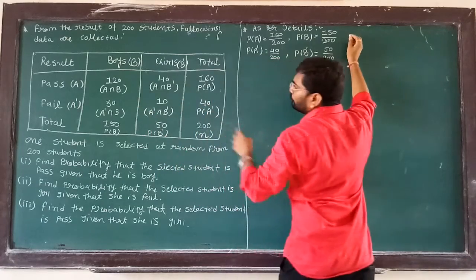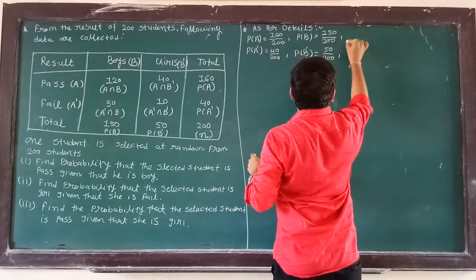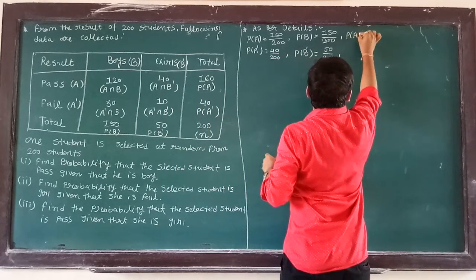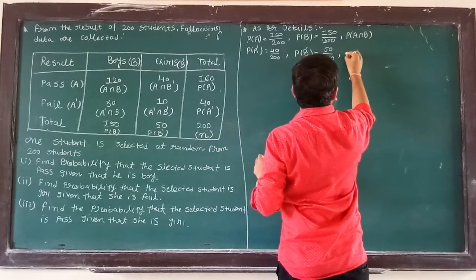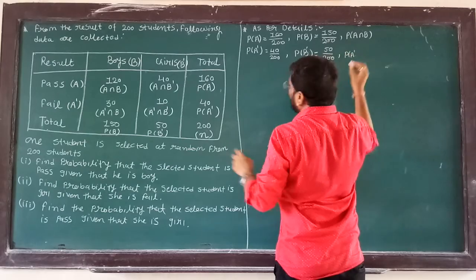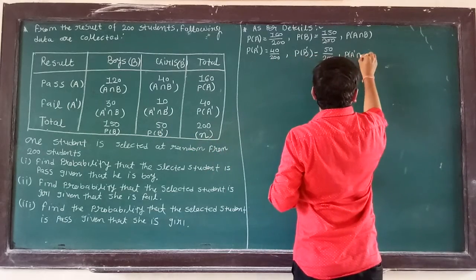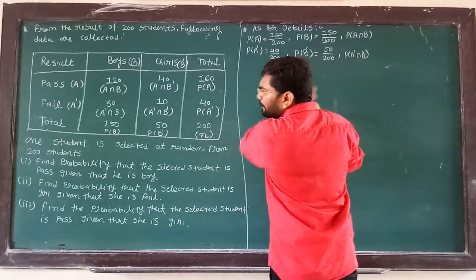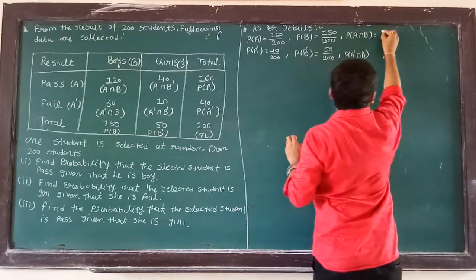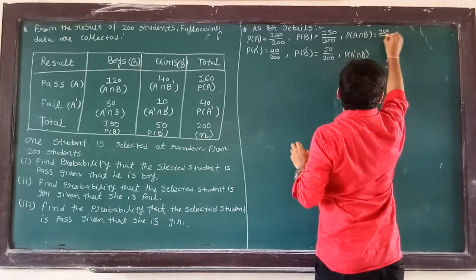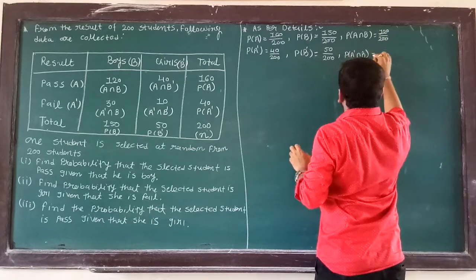Now P of A intersection B, and P of A dash intersection B. Here A intersection B is 120 out of 200.